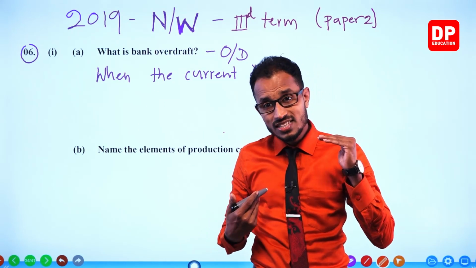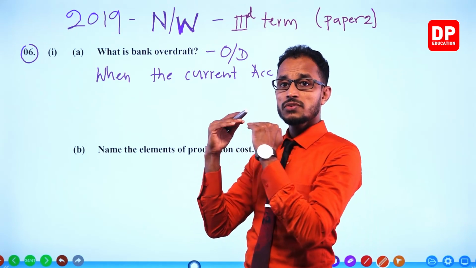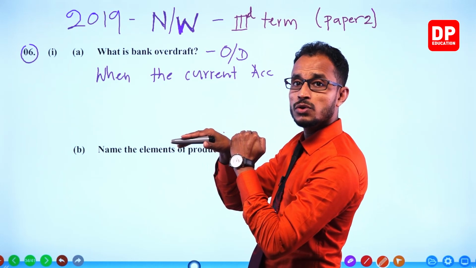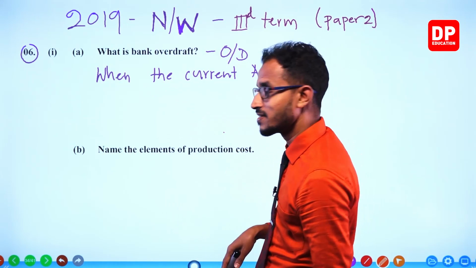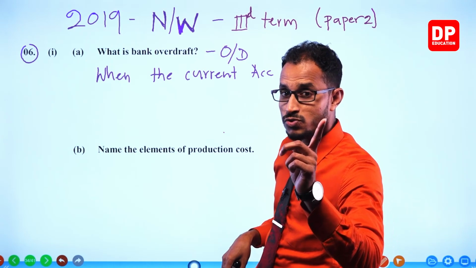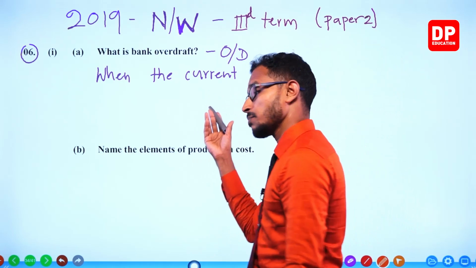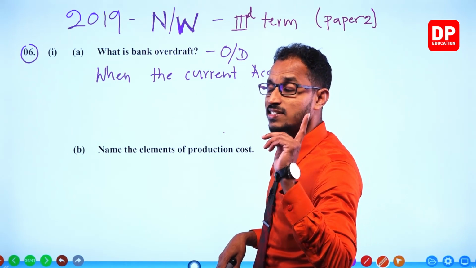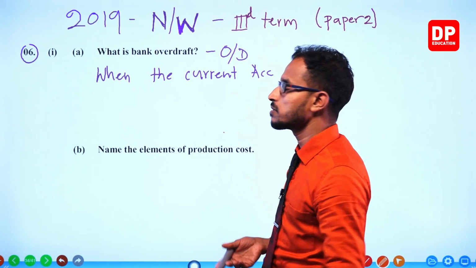Who wrote the check for 150,000, more than the balance in your account? You wrote the check. So it's you who is going to get the overdraft from the bank. So it's a current liability to you. You have to pay it back.